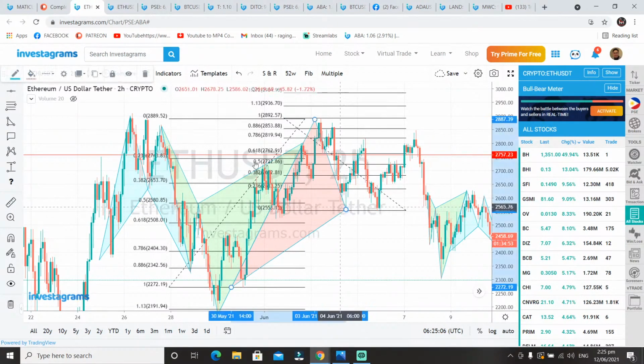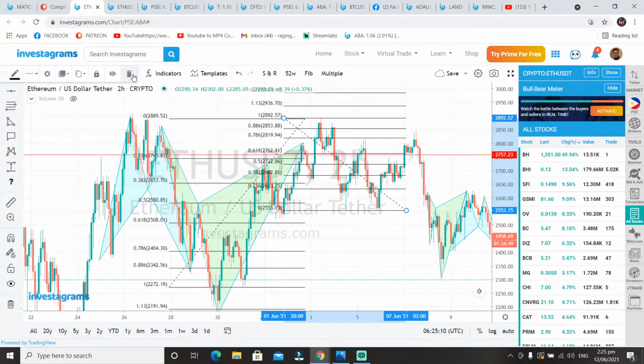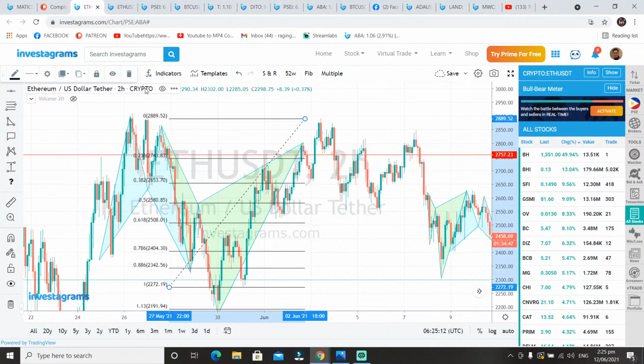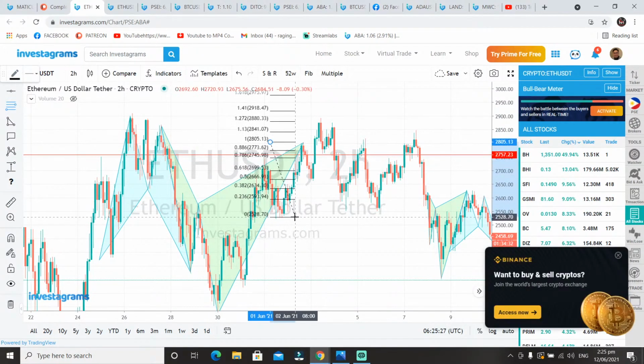There is a small pattern that I'm seeing here, so let's remove this. It doesn't have to be all big patterns, right? So maybe we have here X, A, B, then C. I think this is also a Cipher pattern. Let's check if it's around 127% to 141%. Yes, it managed to at least touch 127%. So with that, we can make another triangle.